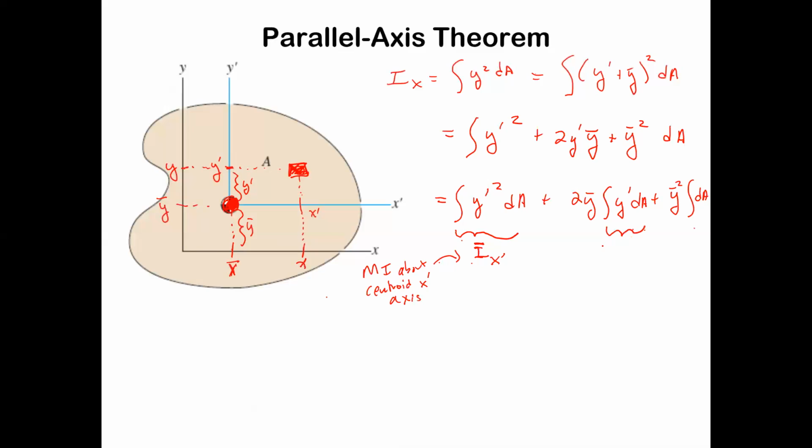That is equal to essentially y bar prime a, right? That's the first moment in the x prime, y prime coordinate system. But what is a centroid in the y prime coordinate system? What is y prime bar?